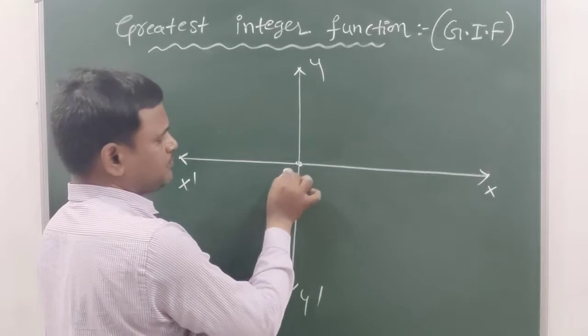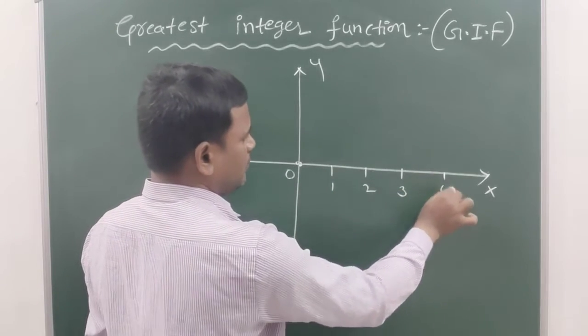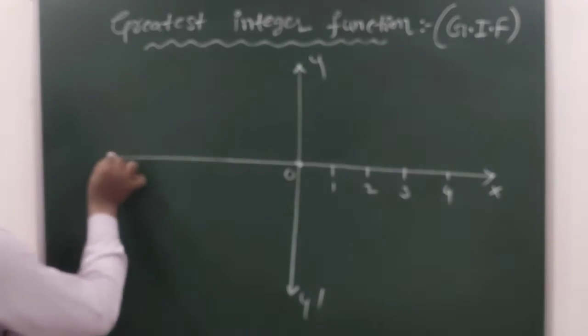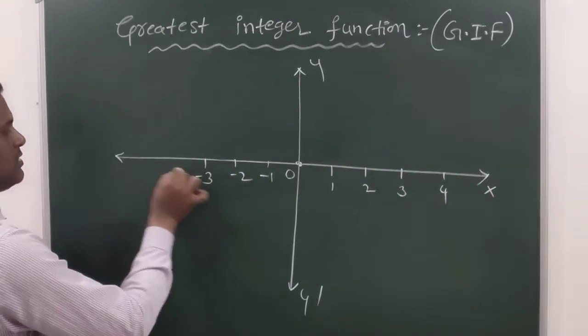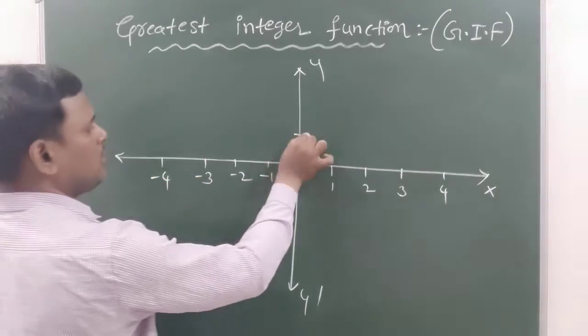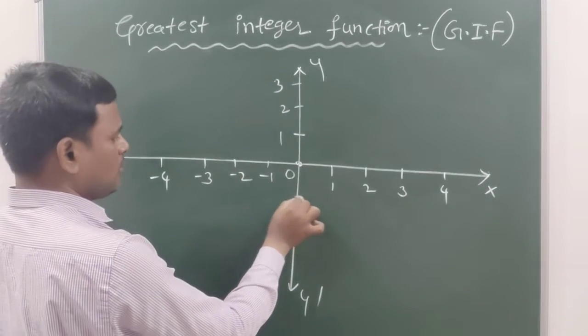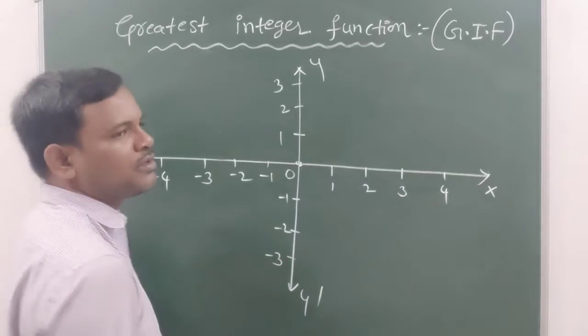Mark 1, 2, 3, 4 and so on, and minus 1, minus 2, minus 3, minus 4 and so on.